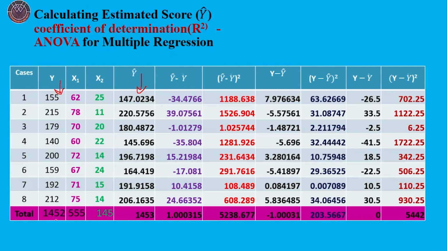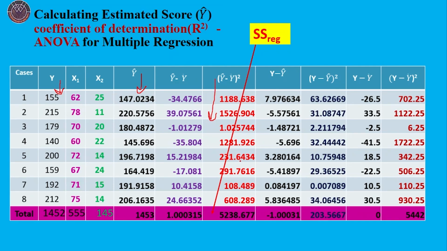That mean value we have to subtract from each y cap. So we will get these values here, and we will square them. So we will get the regression sum of squares. This particular column gives you the regression sum of squares, where each term has been squared.